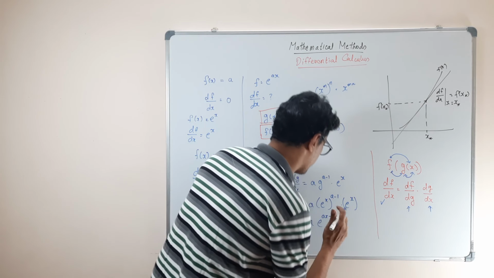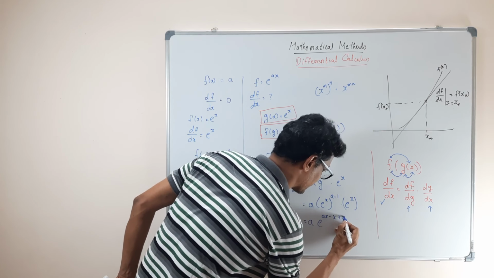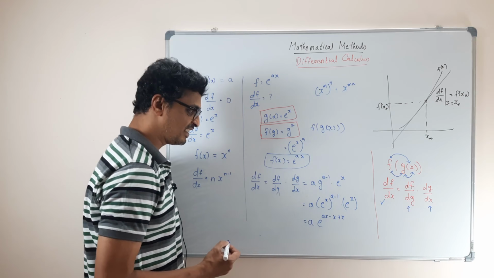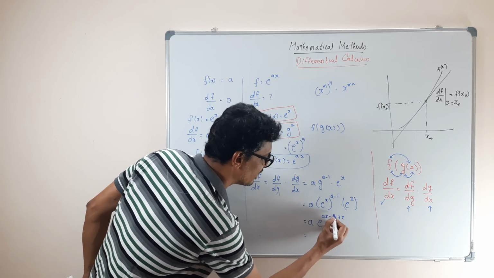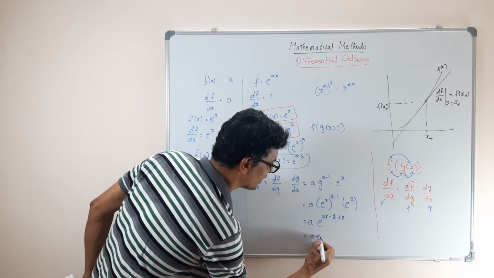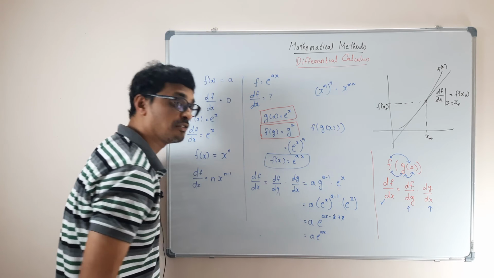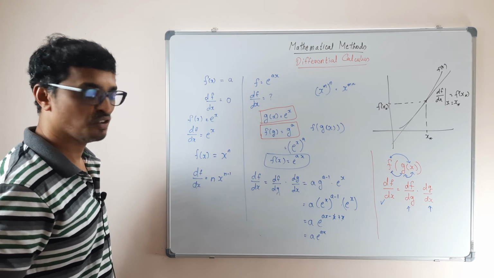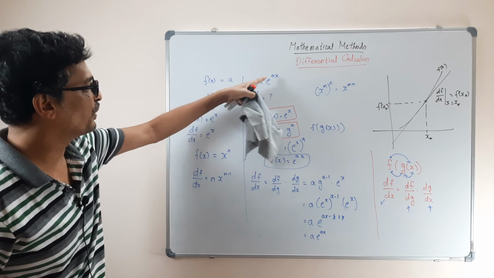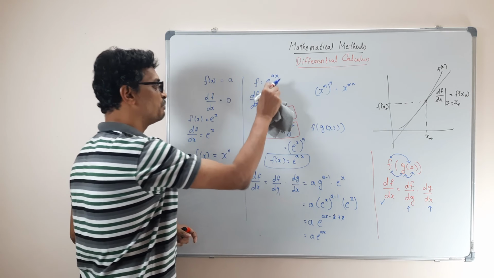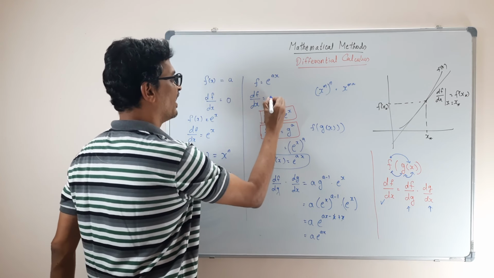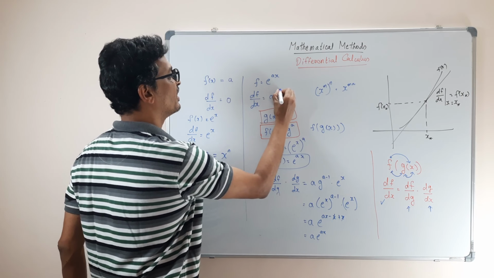Minus x plus x. Correct. This x is also there. Right? So what is this? It is a times e to the power of ax. That's what the formula is. So if f equal to e power ax, df by dx is nothing but a into e power ax.